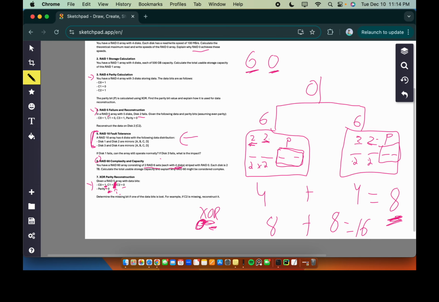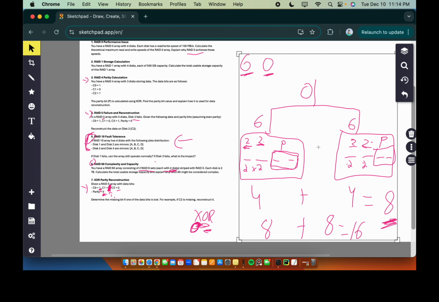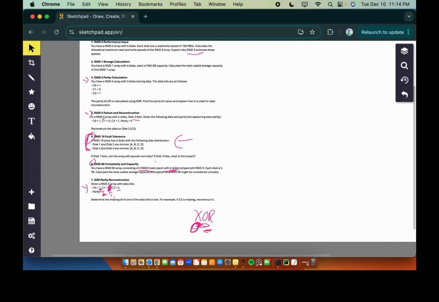Can you explain 5 again? I didn't get it. Sure, RAID 10? Yeah, totally. So, RAID 10. Inside, out. We have 4 disks total. He's always going to tell us how many disks there are.